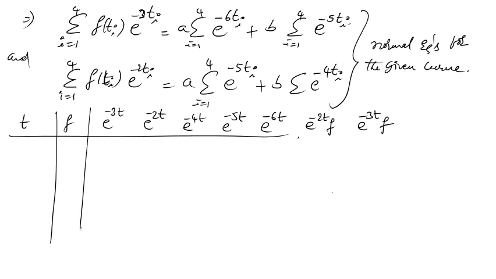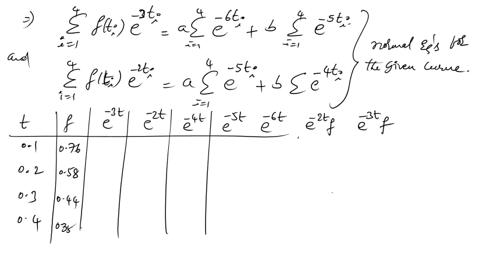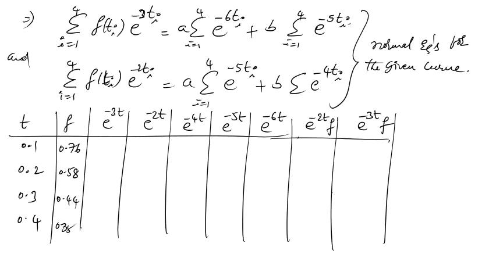The t values are 0.1, 0.2, 0.3, 0.4, and the f values are 0.76, 0.58, 0.44, 0.35, and you find all these values corresponding to each t. I'm giving the equations directly, substituting into the normal equations.